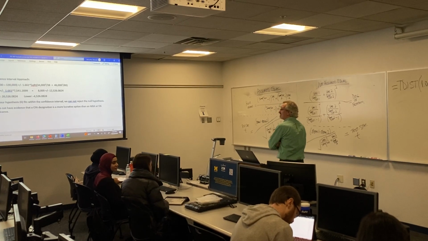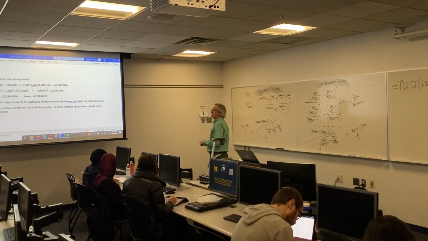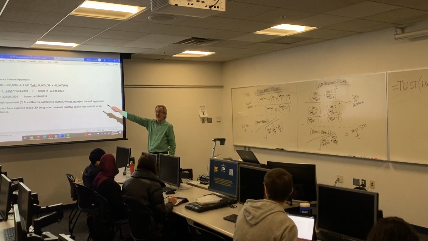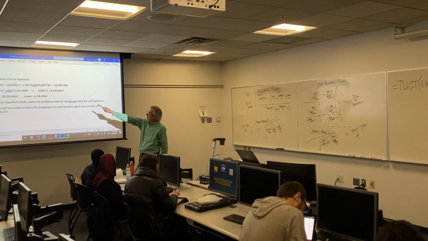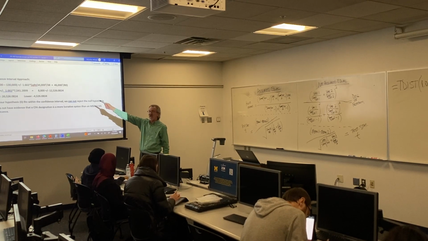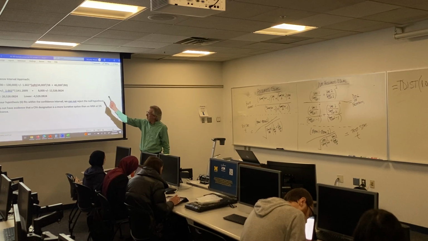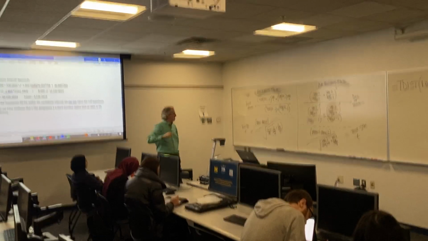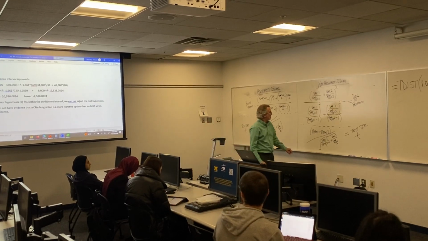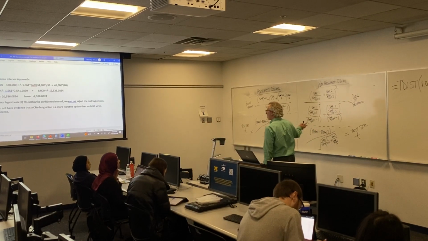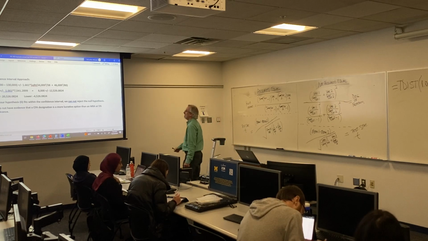Confidence interval approach. Notice I'm taking the sample means 138 minus 130 plus or minus that critical value we just calculated, 1.661, multiplied by the square root. We're right here. Where are we? Oh, I don't have the critical value formula there.